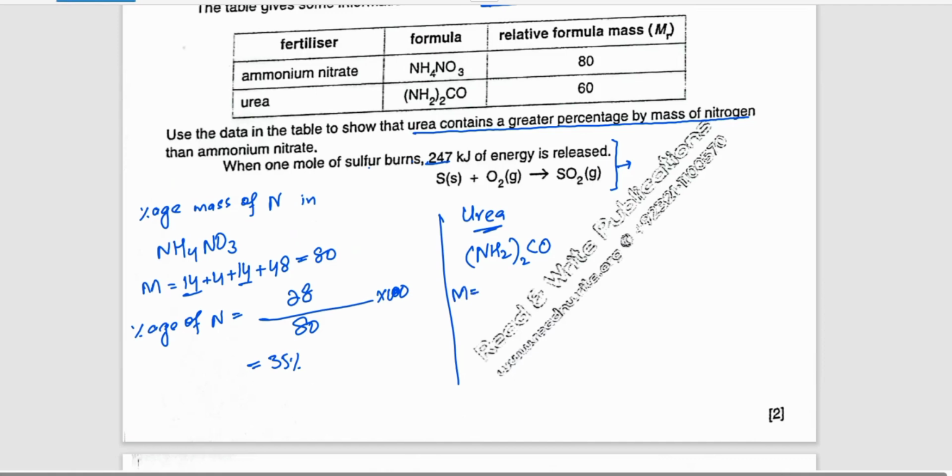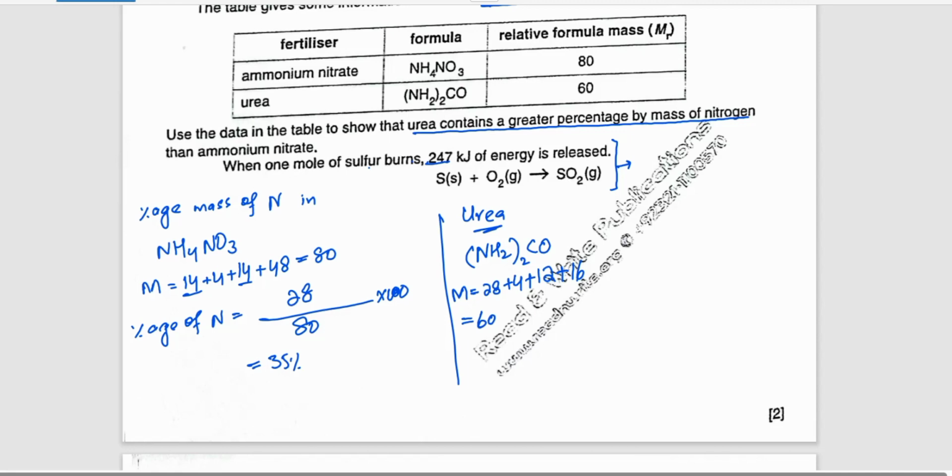Nitrogen has 14 multiplied by 2 atoms, it becomes 28, plus hydrogen has 1 multiplied by 2 multiplied by 2, it becomes 4 atoms. So 4 plus carbon 12 plus oxygen 16. 28 plus 4 plus 12 plus 16 becomes 60. Mass of urea is 60.